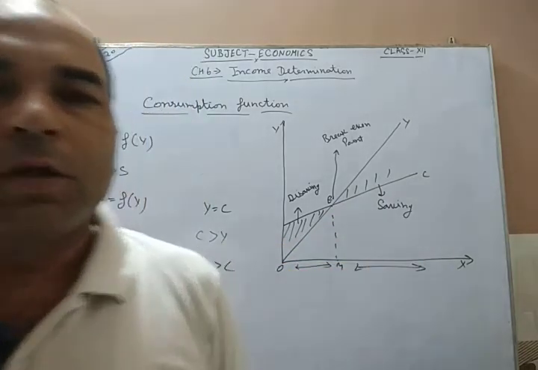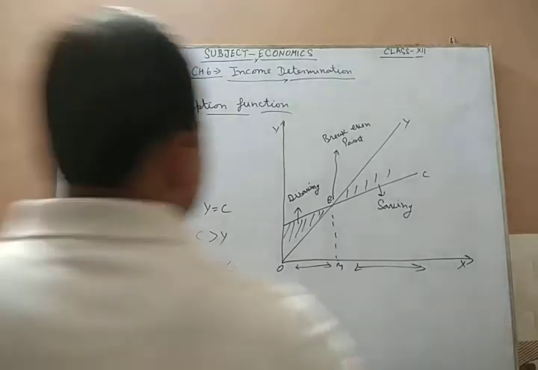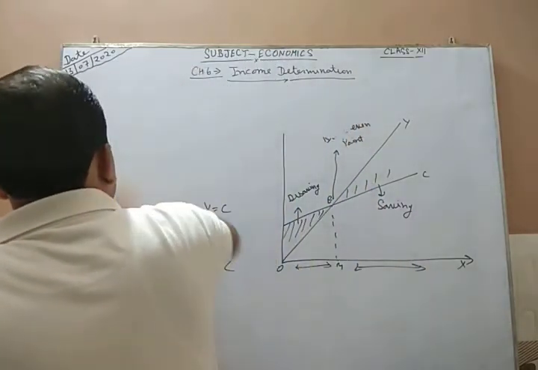So students, these few points we have already discussed in the previous video. I hope this is clear, and today we will discuss your next topic, that is average propensity to consume and marginal propensity to consume, or you can say types of propensity.